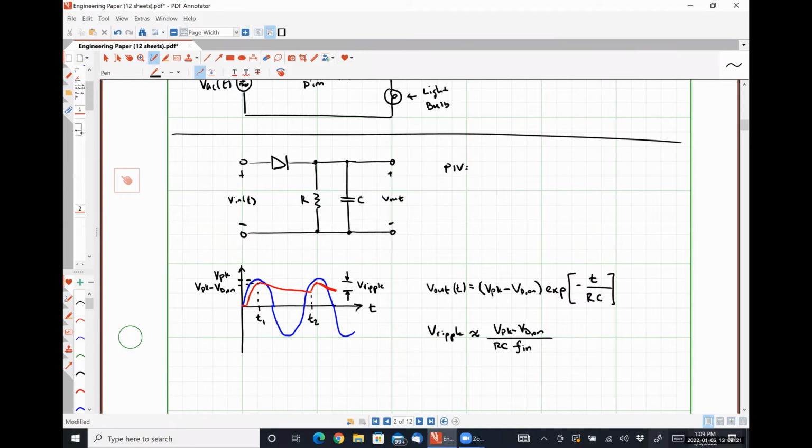We have almost a flat line connecting these peaks. What would the difference between V out and V in be? So from this point up here, for that very flat line, down to the axis, we have V peak minus Vd on, and then we have another V peak. So it's just twice V peak minus Vd on. Does that make sense?